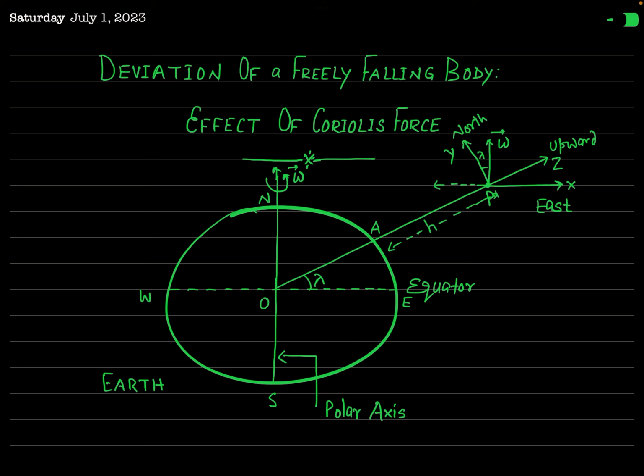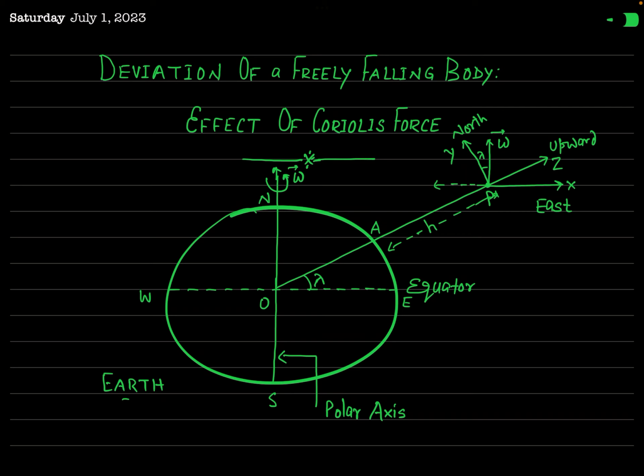So you can see this figure. This sphere which I have shown in this figure represents the Earth. O is its center. Although you definitely know that Earth is not a perfect sphere, it is somewhat flattened at its poles N and S, that is, at the North Pole and South Pole. It means its equatorial diameter WE is somewhat larger than the polar diameter NS.